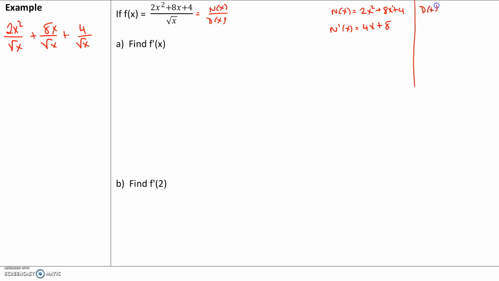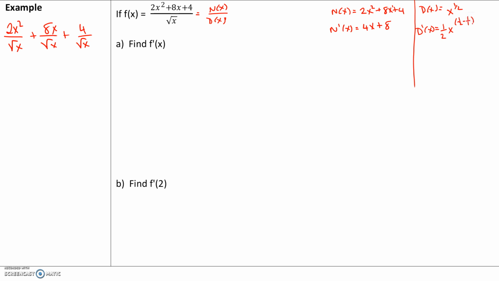d of x, remember, square root of x, we need to write that as a rational exponent, so this will be x to the 1/2. And then for d prime of x, the 1/2 is going to come to the front. So we're going to get 1/2 x to the 1/2 minus 1 over 1.